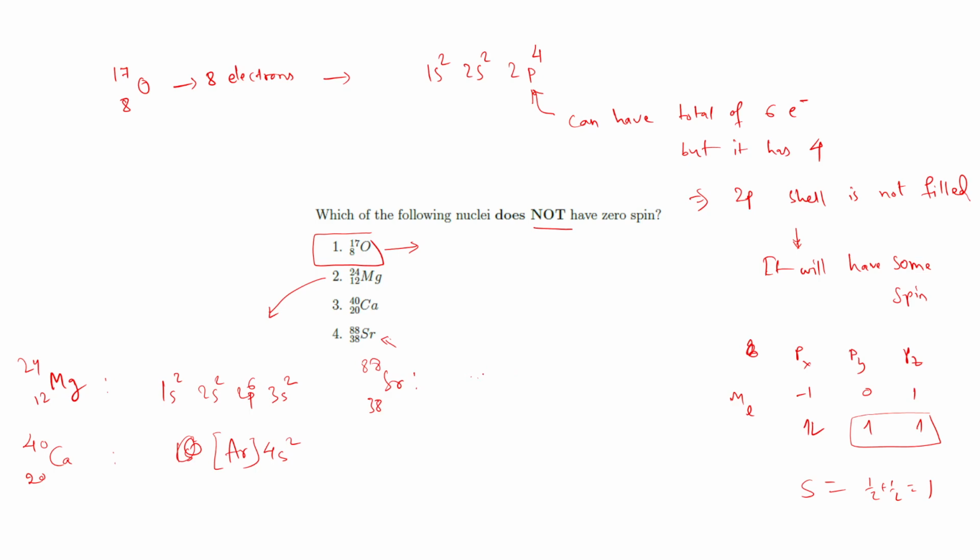So it is argon, 4s2, 3d10, and 38, right? Argon will have 18. If you look into literature or the periodic table, you will find out that it will have a filled subshell.